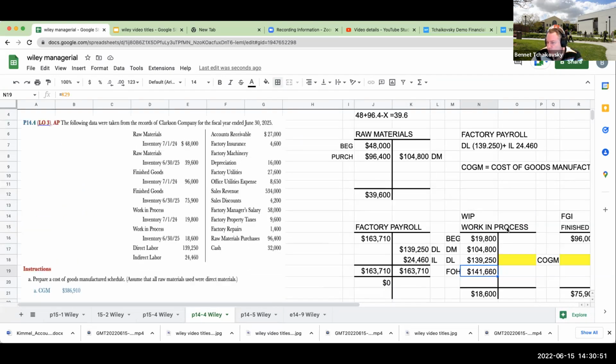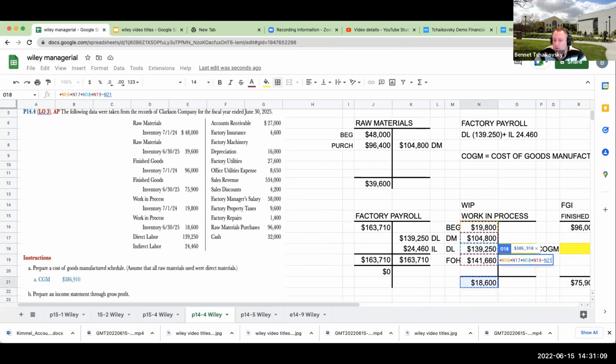So when we look at this now, we ask ourselves a question. Does 19.8, 104.8, 139,250, and 141,660 equal 18.6? And if you said yes, I'll see you in financial accounting. I'm just kidding. Right over here, this is going to be 386,910.